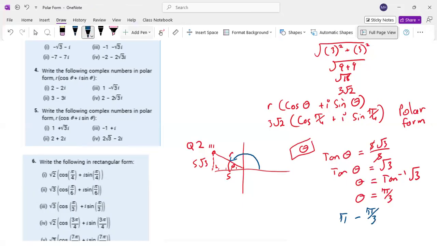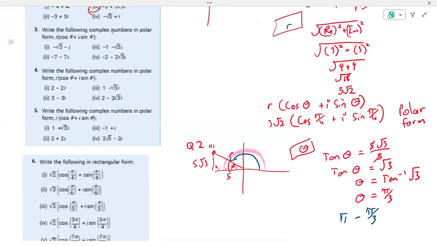So pi is the full 180. Theta itself is pi over 3. So if you take theta from 180, I'm working in radians. So if you've forgotten, just to remind you, pi is 180. If you want, you can figure it out in degrees and then change it to radians if you're more comfortable. But anyway, just look back on trig if you've forgotten, but pi is 180.